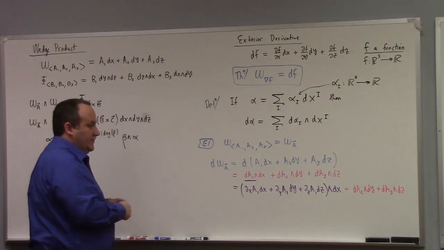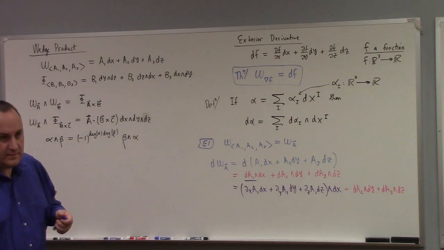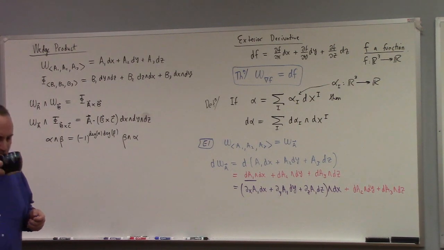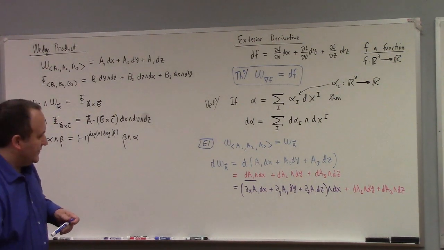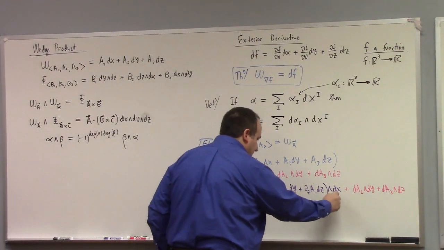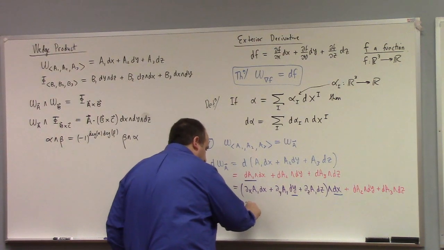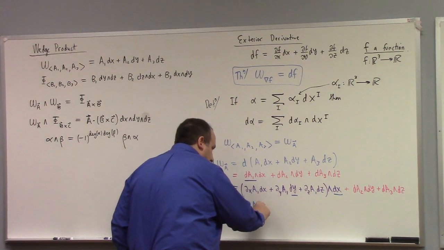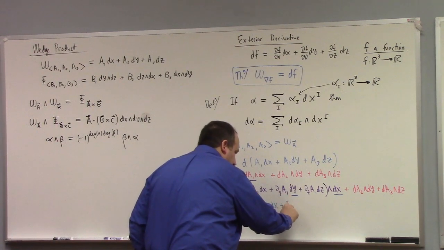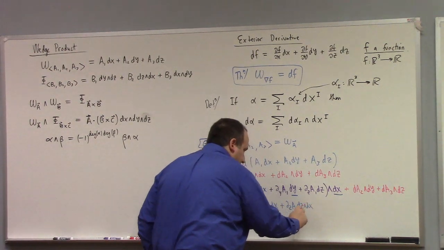So what happens with dx wedge dx? Remember what dx wedge dx is from Friday? dx wedge dx is 0. So that term's gone. But what you do have is dy and dx, right? So we get partial y a1 dy wedge dx plus partial z a1 dz wedge dx.